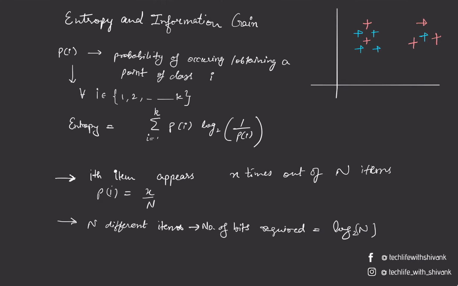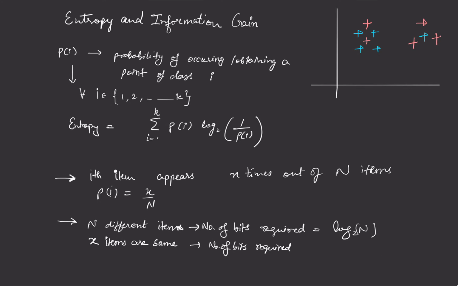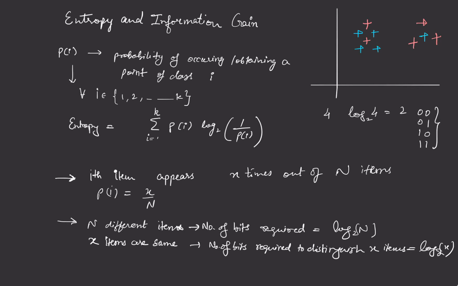But we know that out of these n different items, x items are the same, and the number of bits required to distinguish between those x items is log x on base 2. By number of bits I mean, let's say we had 4 items, so log 4 on base 2 is 2. So we require 2 bits to distinguish between 4 items, and those 4 items can each be assigned one of these bit patterns, and that's why 4 items can be differentiated using only 2 bits.